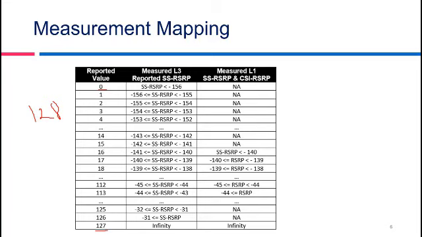We have also discussed in our previous slide that the minimum L1 SS-RSRP starts from minus 140 dBm and goes up to a maximum of minus 44 dBm. So the first 16 values are not applicable for the L1 SS-RSRP or CSI-RSRP. Those are only applicable to our layer 3 measurements.